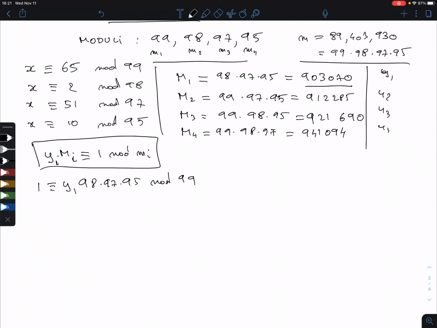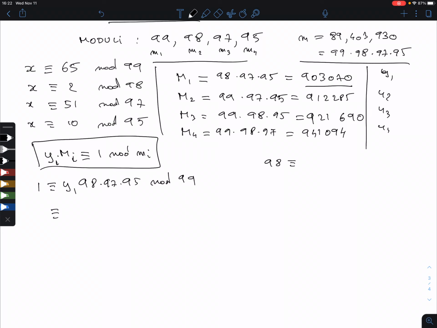And here is where I'm going to use something that, again, is a trick. It's like a little shortcut. As I explained before, because 98 is very close to my modulus, it's much better to represent this as what?